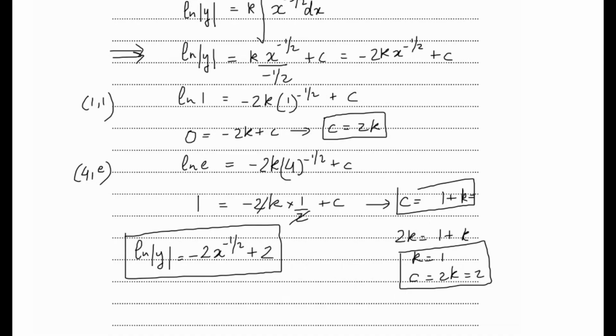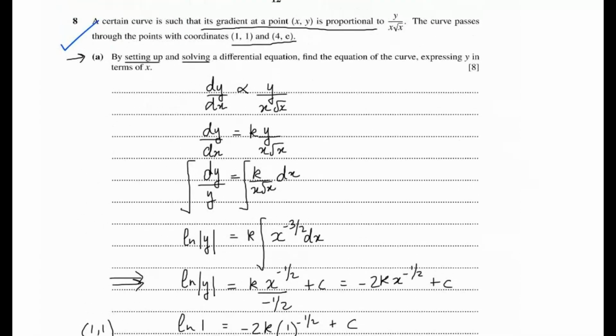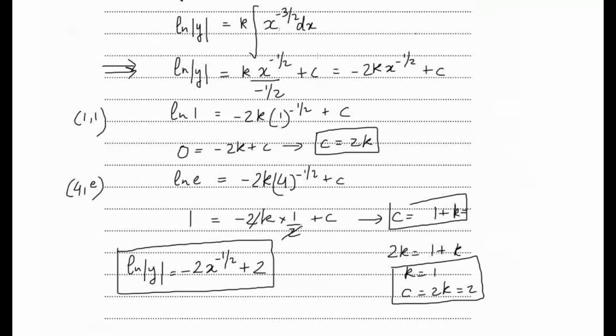Then we want to check what else they've asked us to do. So we've set up the equation, we've solved the differential equation, we found the equation of the curve by finding the values of k and c, and now we have to do the last part, which is express y in terms of x. So make y the subject.